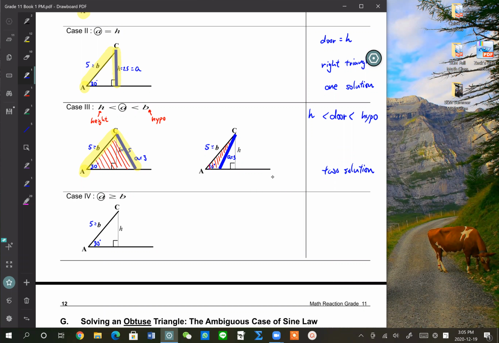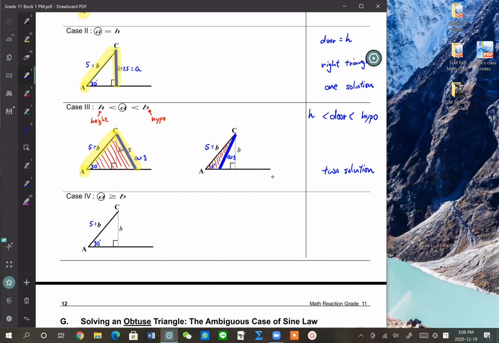So, Elaine, can you give us a number that's longer than hypotenuse? 6. Okay, so 6 will be, here's 5, so 6 will be maybe like this. So if I want to make it touch the base, I need to swing it, right? This is too long, right? I need to stick it on the right side.